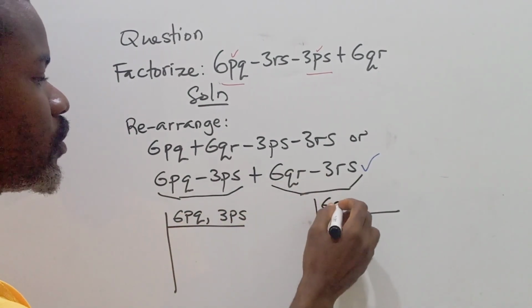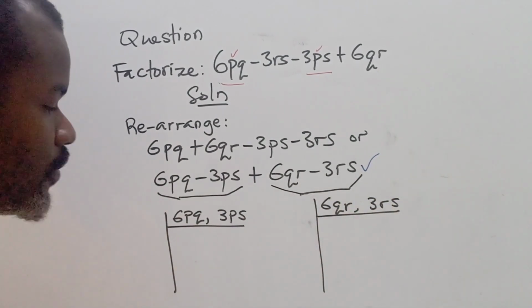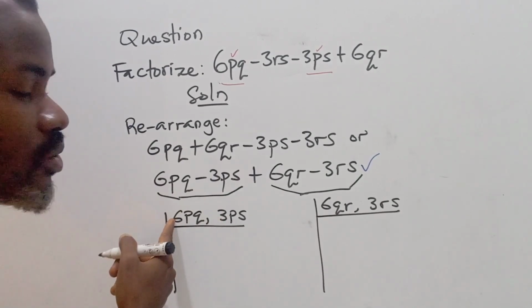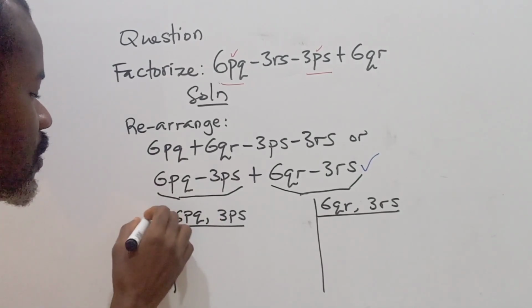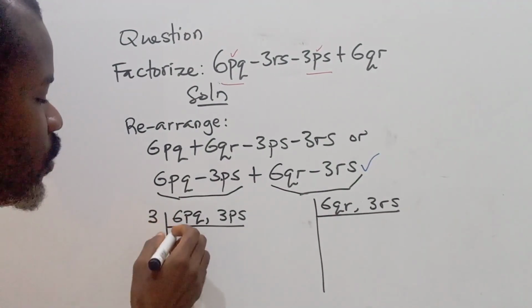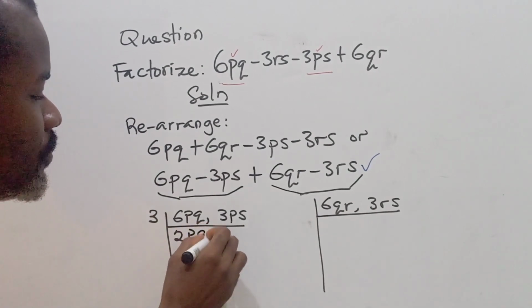Here we have 6QR and 3RS. For the numbers, what is common? What can divide 3 that can also divide 6? It's 3. 3 divides 6 two times, so we can put the alphabets.